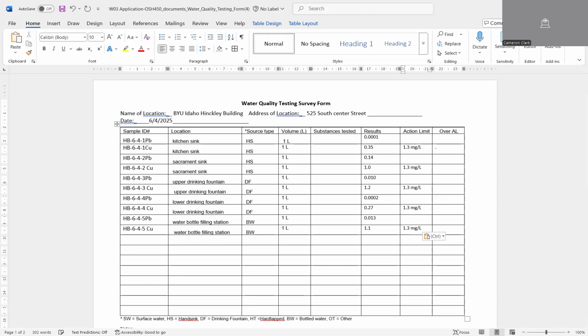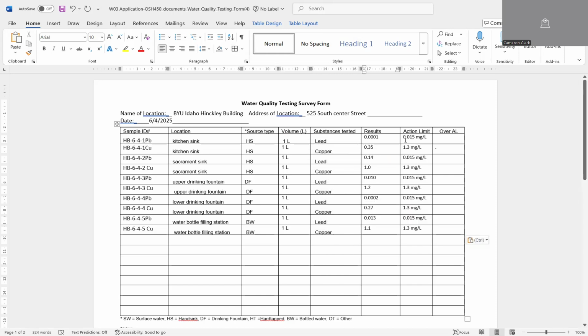And then I'm going to go back and get the action level for the lead. Go back over here, paste that in. Okay, and then I guess for fun, I could just put lead, copper, and then just copy and paste that.